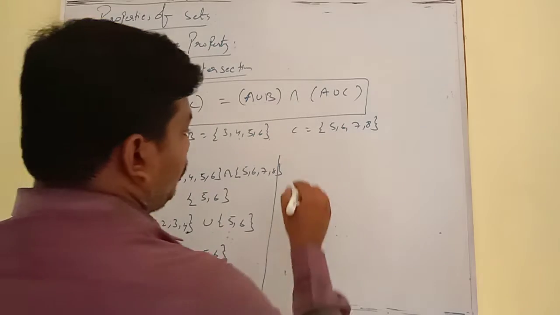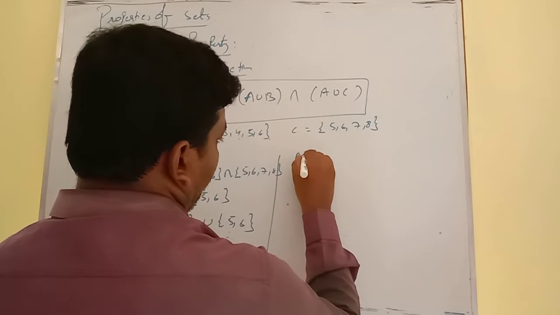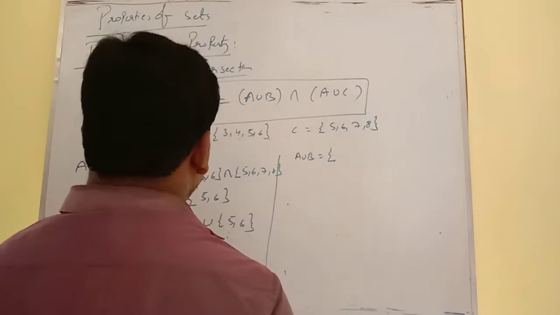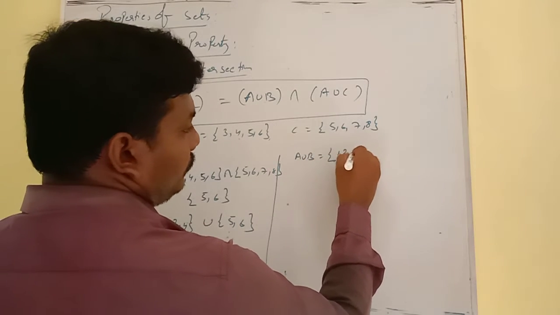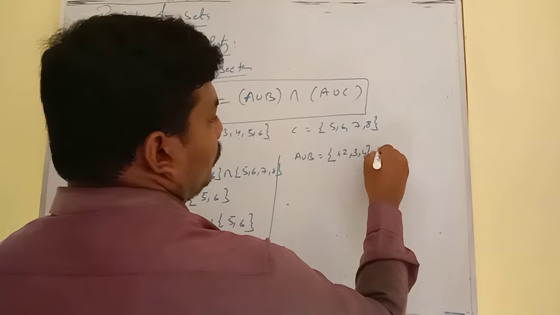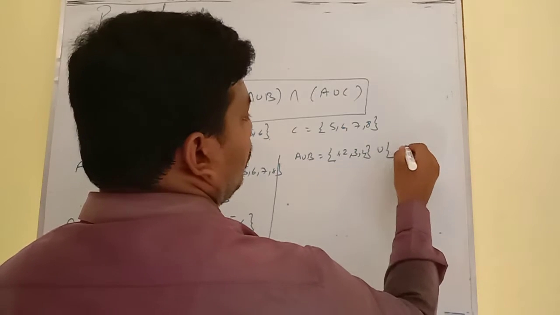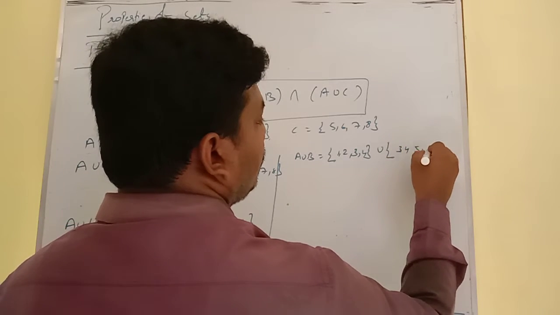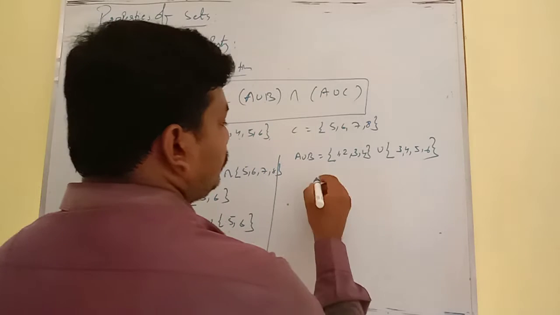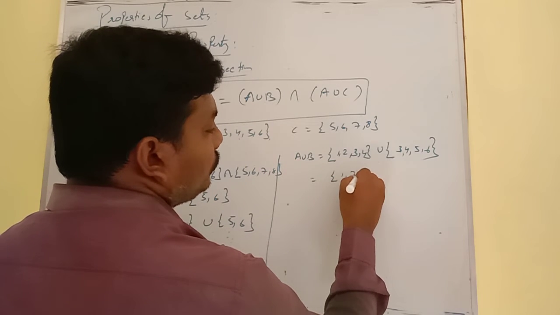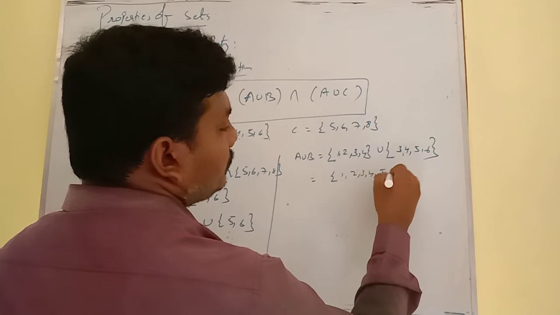Coming to the RHS part, we need to consider A union B first. A is 1, 2, 3, 4, union B is 3, 4, 5, 6, so the union is 1, 2, 3, 4, 5, 6.